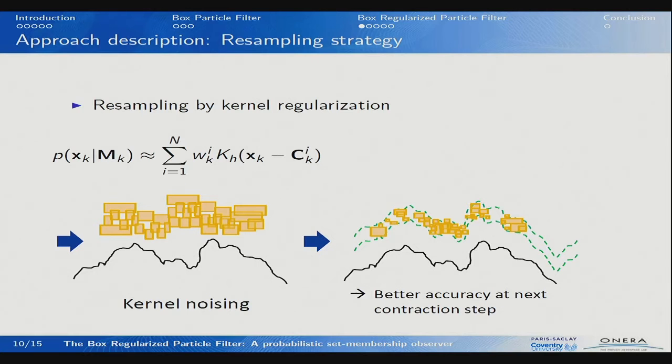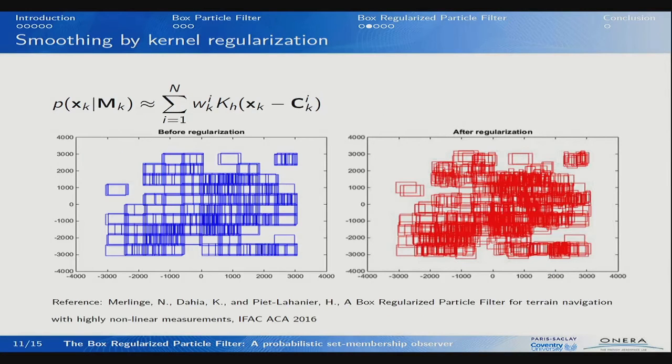But we tested that without knowing if it would bring something better. And we were very surprised to see that the results were more accurate. And we found an explanation. Here is an illustration of what can happen before regularization and after regularization. So here we are in the resampling step. The subdivision step has occurred.